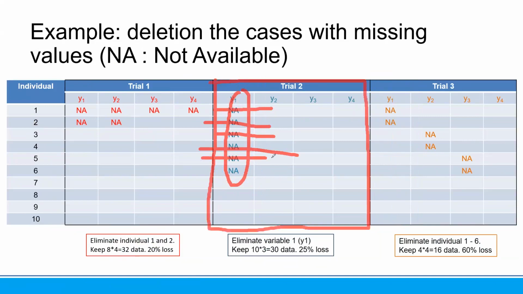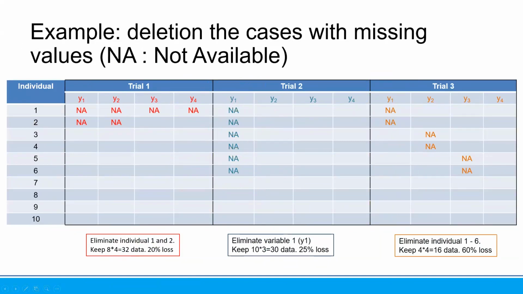If we delete the rows, then how many data do we have left? Only 4. It's too small. So the alternative is we can eliminate the column. We can delete the column because most of the missing values are in that column. So we don't need this column.